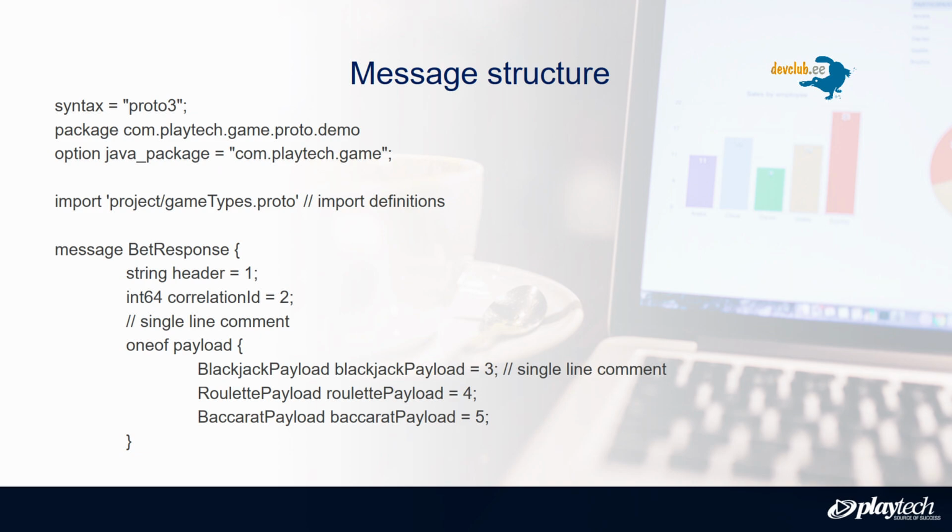The keyword option is a command to a compiler. So let's say when the compiler builds your classes, it can put them into a specific package. If you hold your proto files in a package called com playtech game proto, then the resulting classes can be put into a completely separate package.